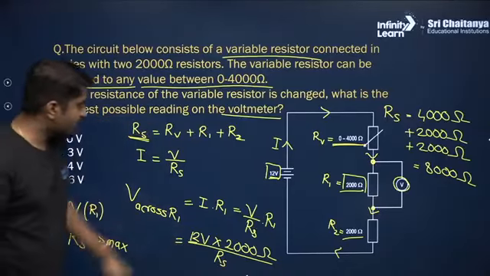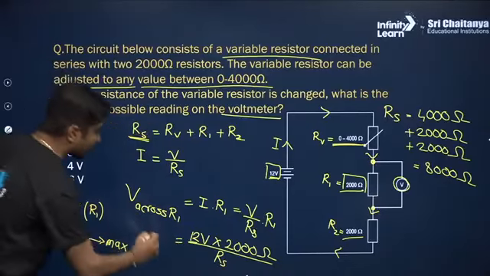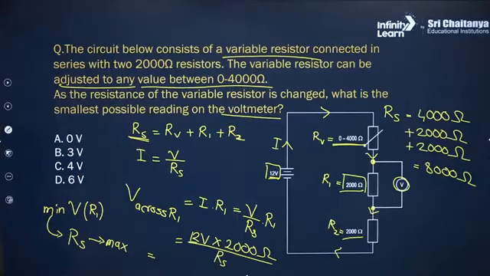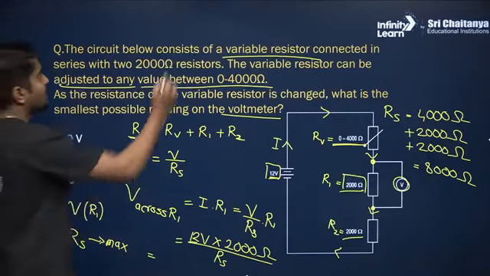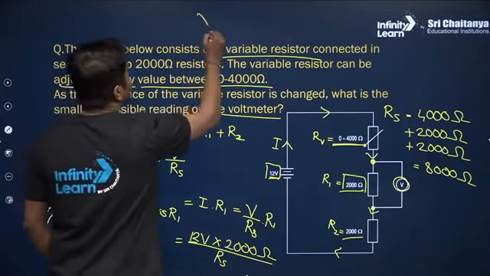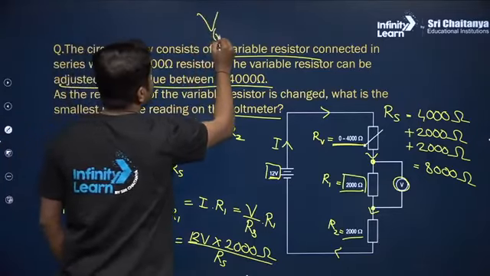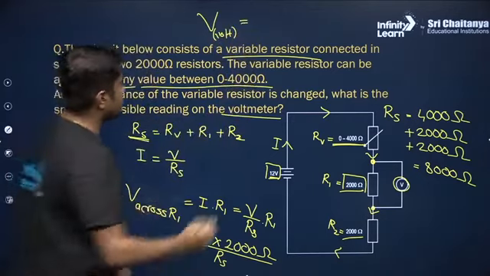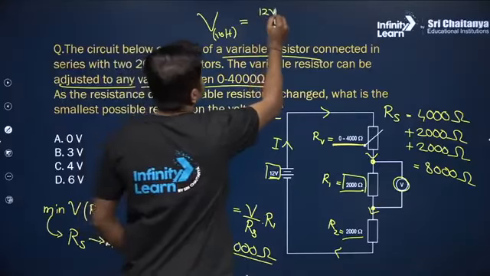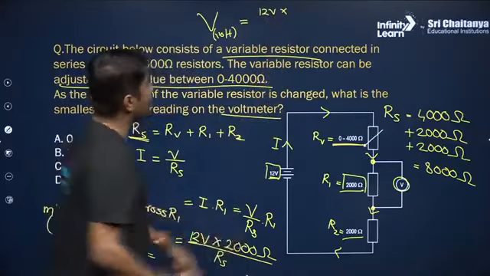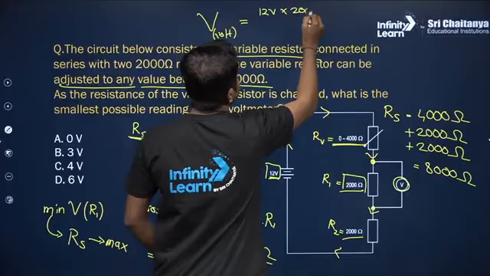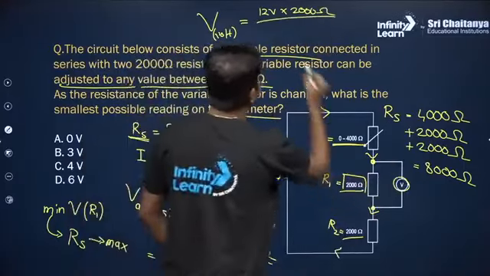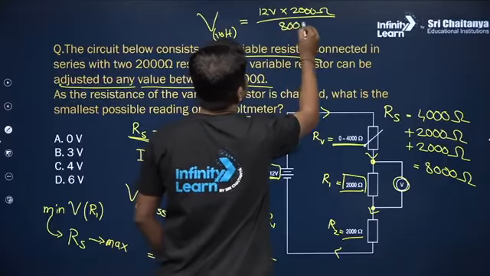So just substitute this value here. The voltage across R1 is going to be, do I have some space here? No, I don't. Okay, I'll try to write here. So the voltage measured by the voltmeter is going to be 12 volt multiplied by 2000 ohms, divided by the Rs value, which is 8000 ohms.